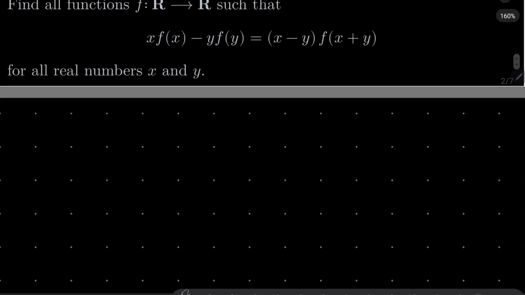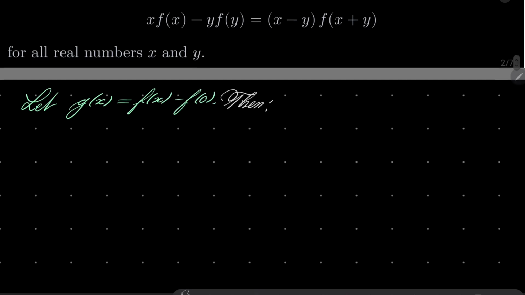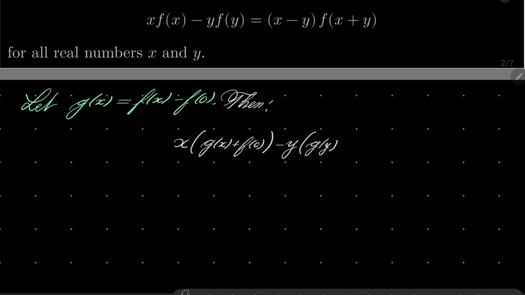Alright, so as I suggested, let g of x equal f of x minus f of 0. Then we have the following. Instead of f of x, we can put g of x plus f of 0. Instead of f of y, we can put g of y plus f of 0.